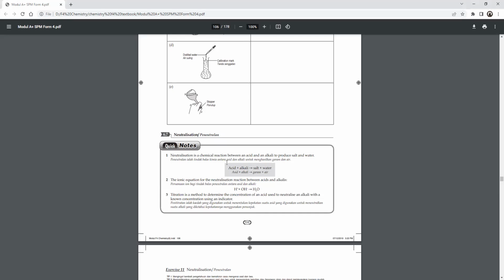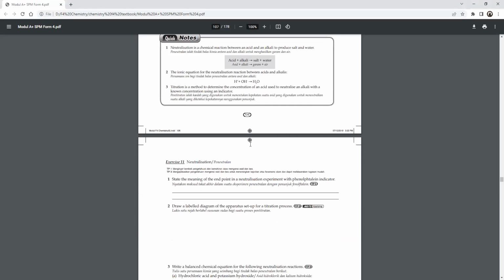So we do some questions from neutralization. Okay. Page 106. All right.